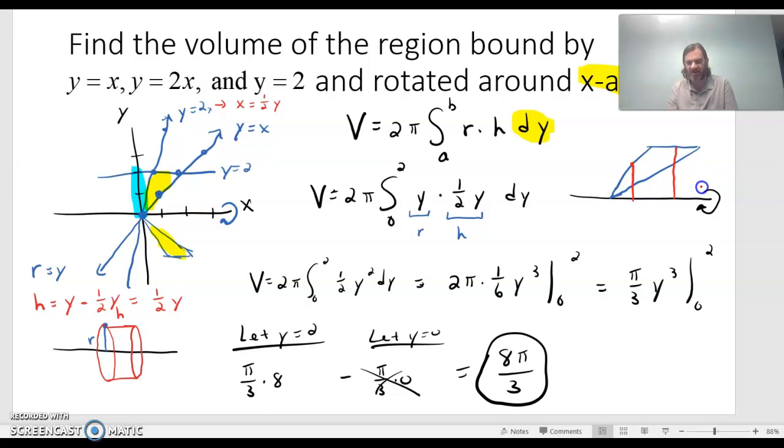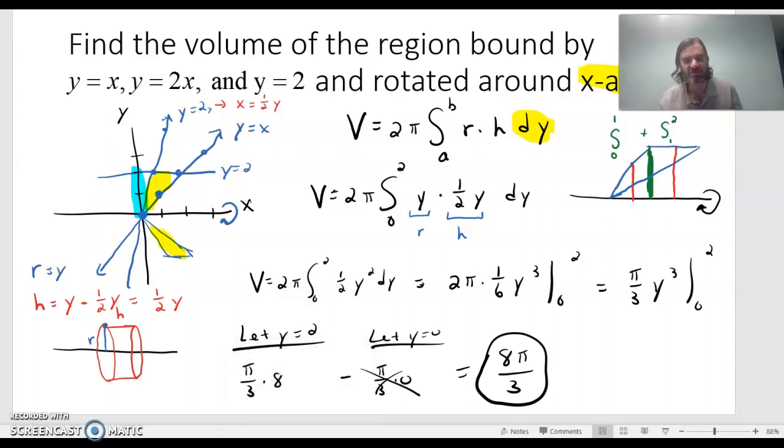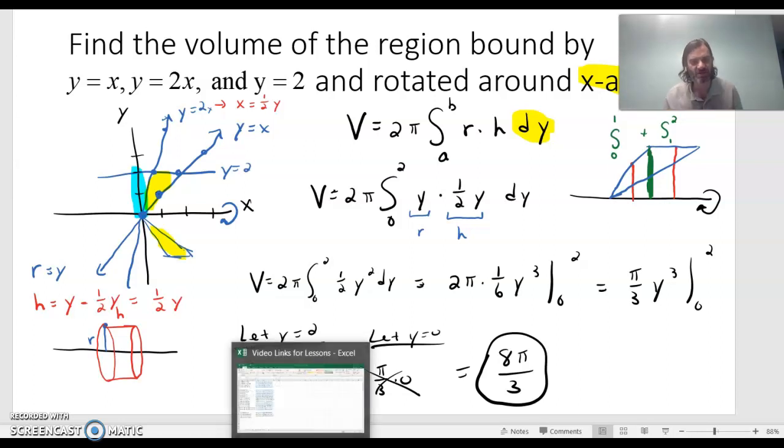So you would have to split the integral into two parts: one integral from 0 to 1, and another from 1 to 2. Same inner radius, y equals x, but two different outer radii. That's why the shell is a little bit easier to do here than the washer.